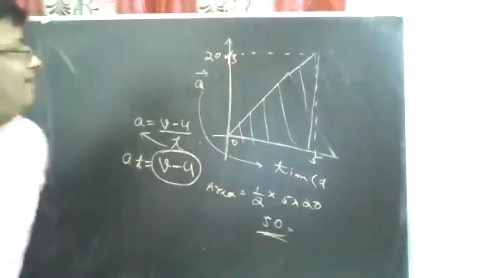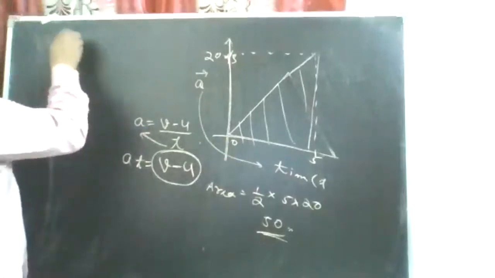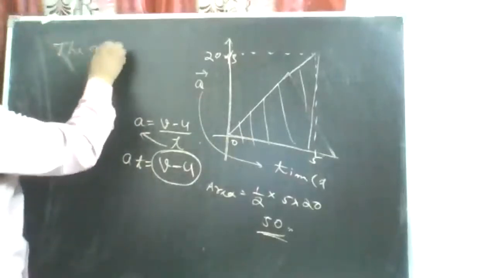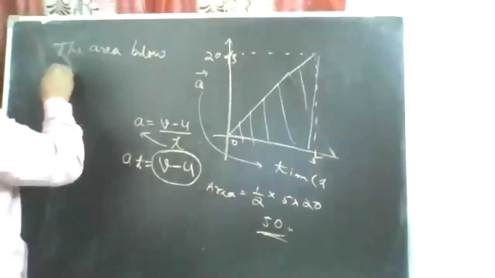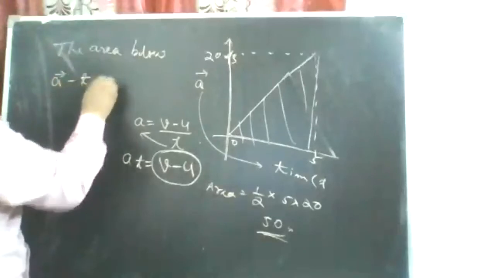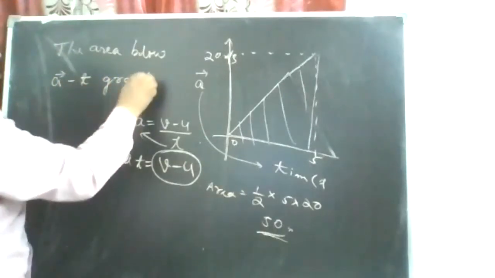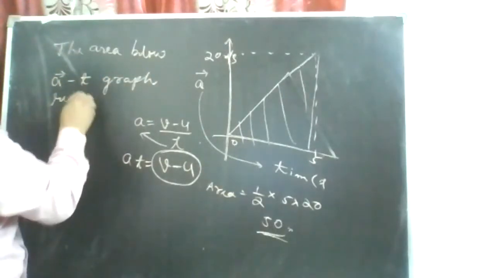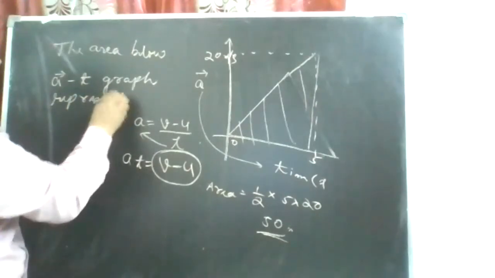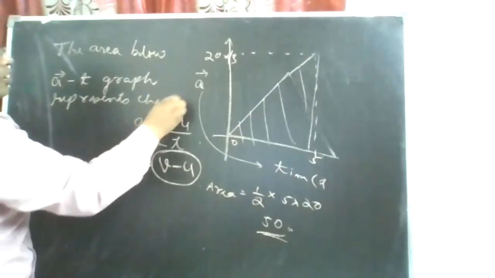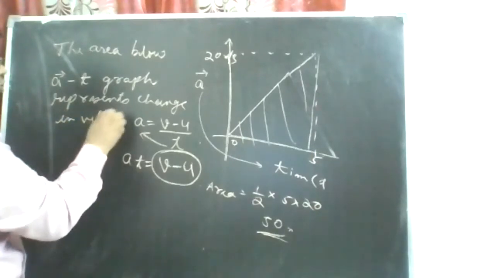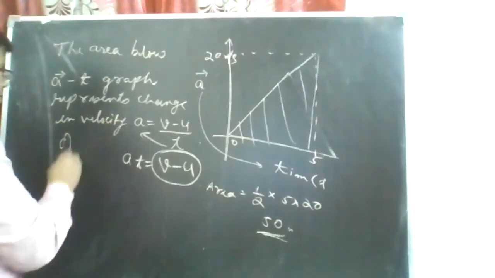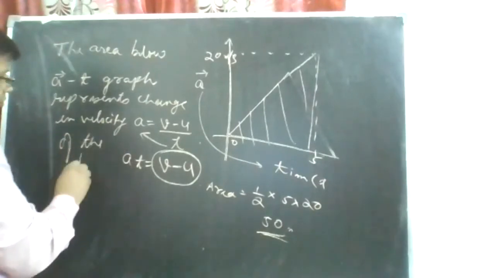So we can write: the area below the acceleration time graph represents change in velocity of the body.